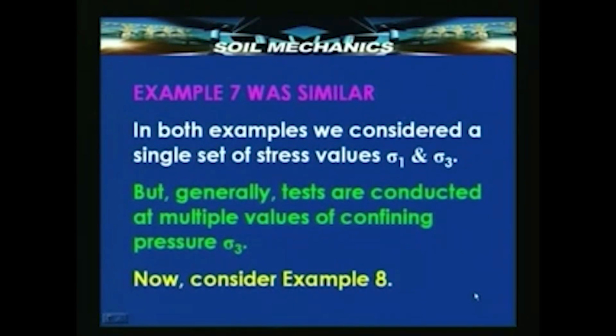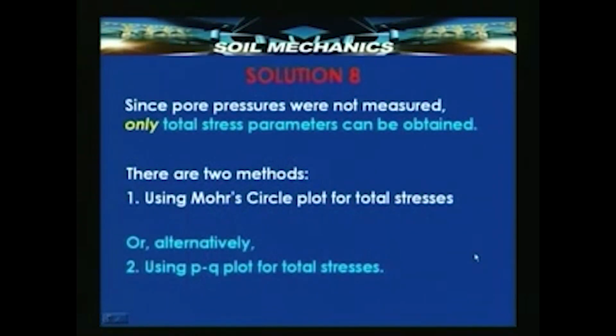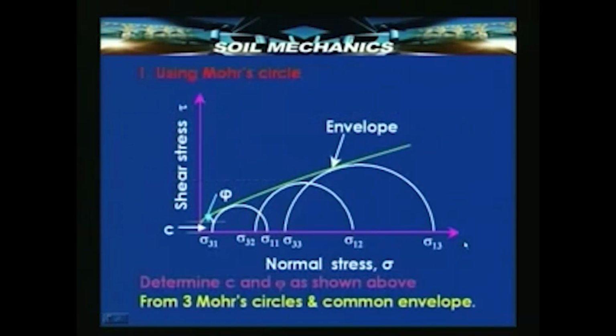There was another example which was very similar to this, and another example 8, in which we had sigma 3 and the deviatoric stress sigma 1 minus sigma 3, and we computed C and phi using the Mohr circle plot and by using the PQ plot.